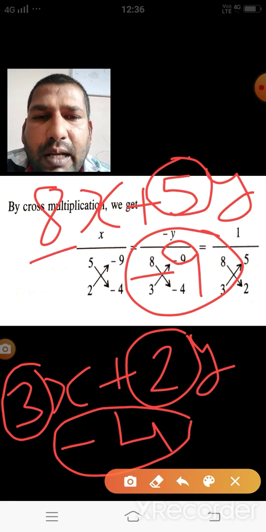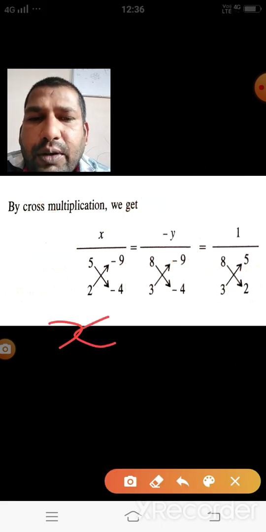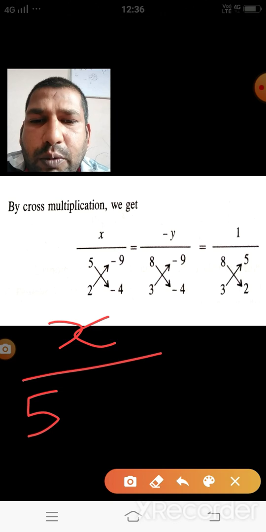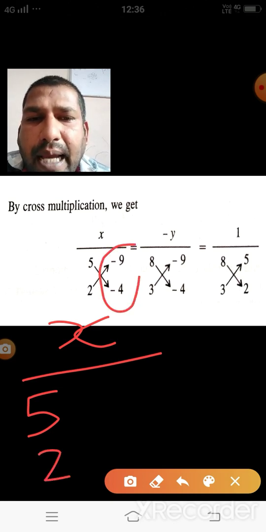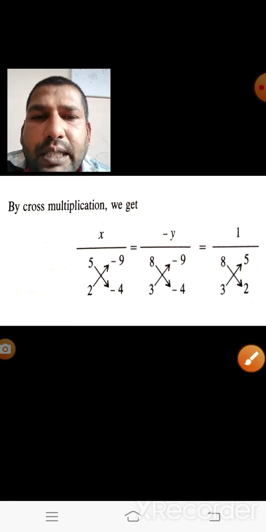Either you put the values directly in the expression, or you may write down as the concept is given: x upon the coefficient of y, we get 5, 2, and the constant term we get minus 9, minus 4. And then we have to take the product up to down.